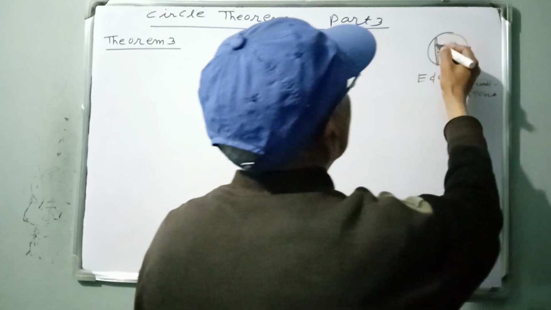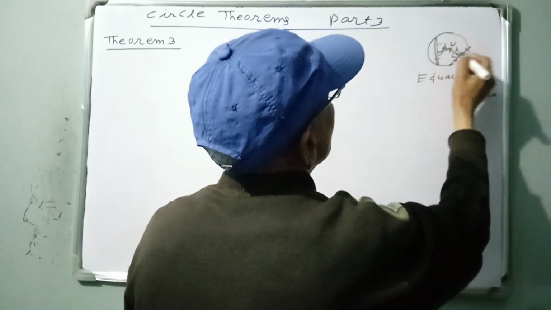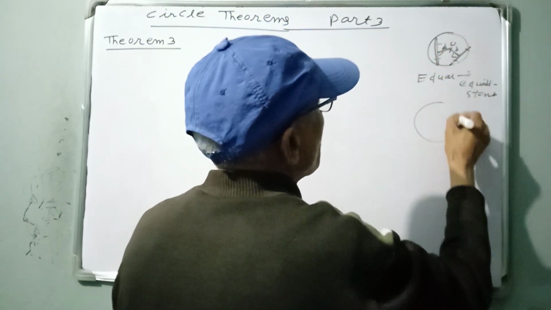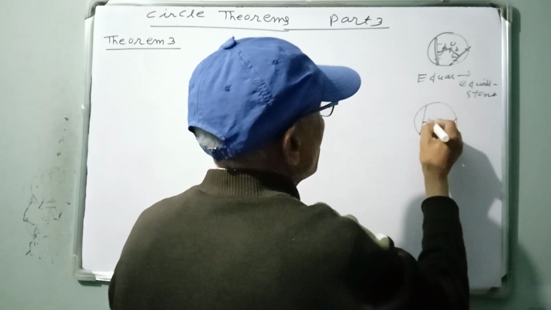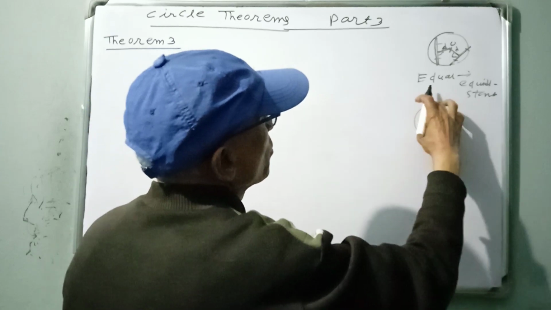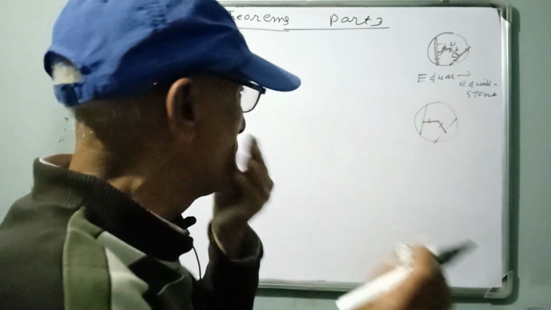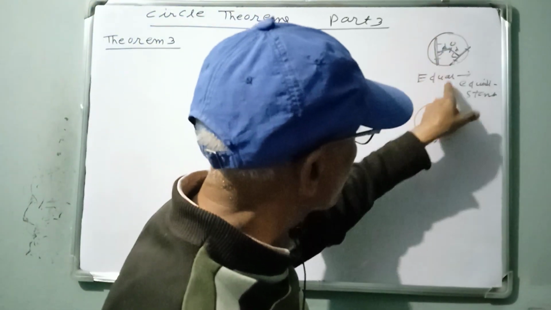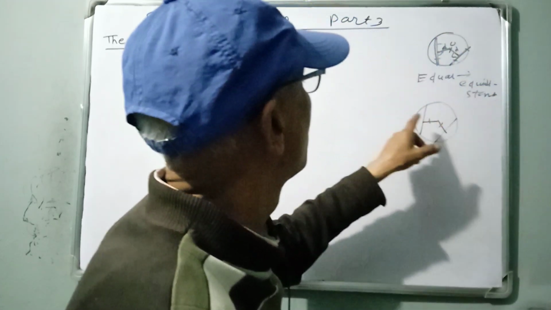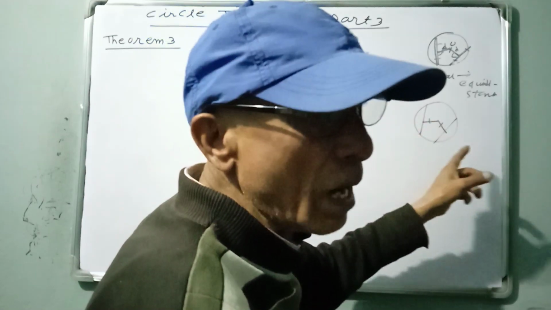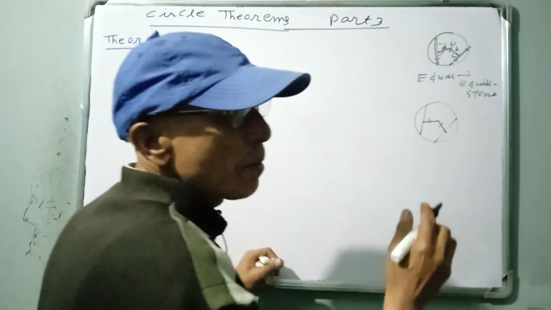Suppose these two chords are equidistant, this distance is equal to this distance, so these two chords are equal. If chords are equal, they are equidistant. If two chords are equidistant, they are equal.